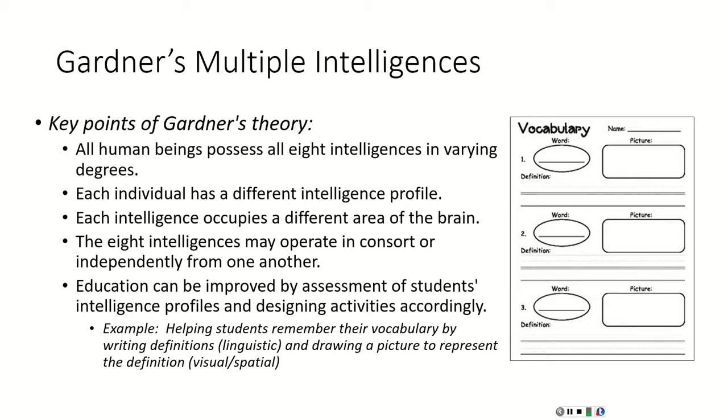Here's an example of a vocabulary worksheet when students are learning new words. You can have them define the word with actual words linguistically, but then you can also have them draw a picture, and that can tap into both the visual and the spatial and the language strengths. So just be thinking about that as an instructor.